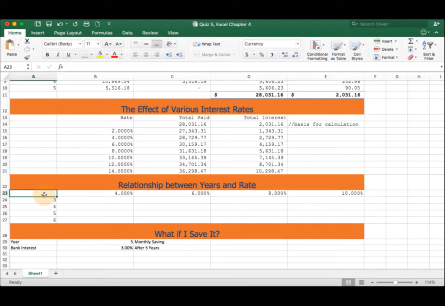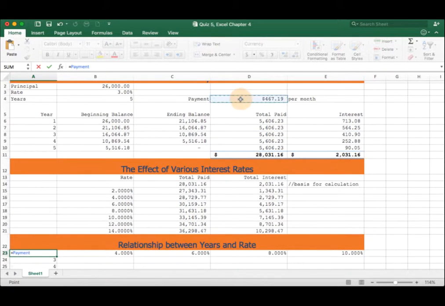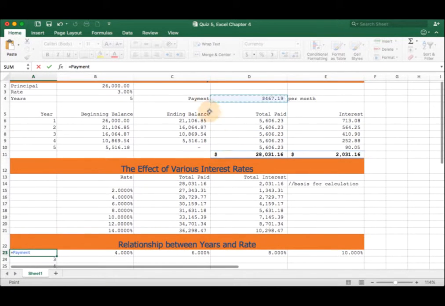We're trying to observe what happens as two variables change to the monthly payment. Okay, so you just need to reference the D4 cell.